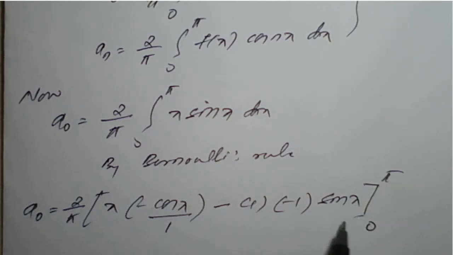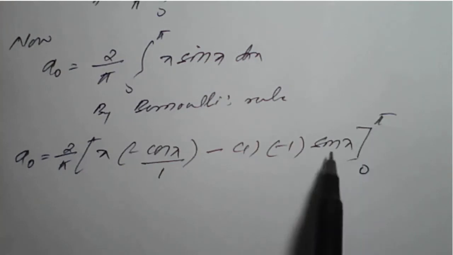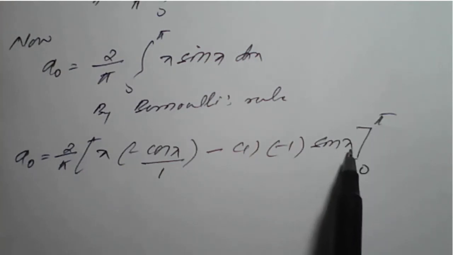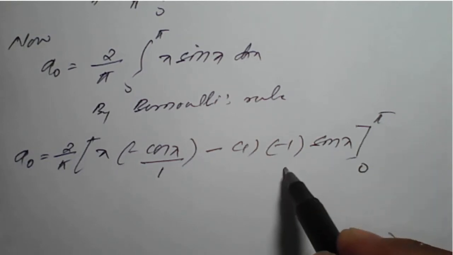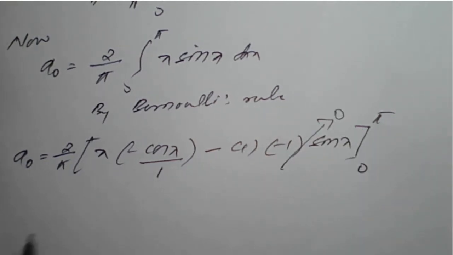Here if you apply the upper limit x = π, sin π becomes 0, and sin 0 is also 0, so for both upper and lower limits it will be 0.